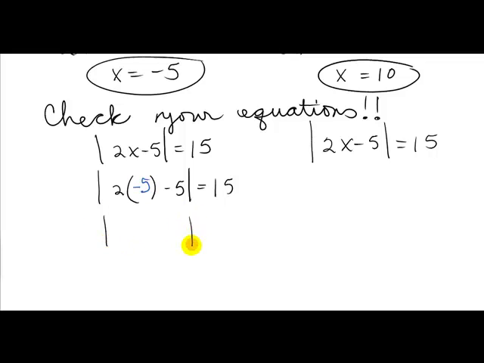Remember, do everything inside. These are just like parentheses as far as order of operations is concerned. So in here we would multiply. Then we're going to combine. And at this point, we probably know that we're right, because we know that the absolute value of -15 is 15.